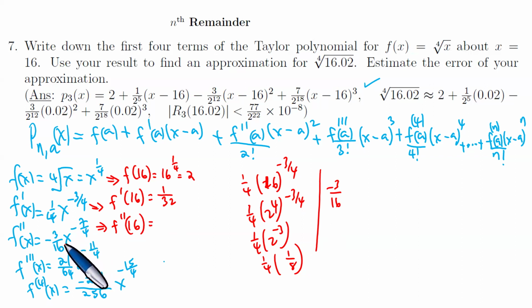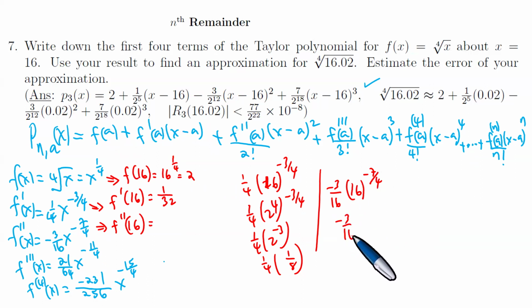Like there's minus 3 out of 16, but here you put the x is 16 to the power minus 7 out of 4. It's only this Taylor formula, this one. And then we did the Maclaurin. But the difference between the Maclaurin and the Taylor is that the Taylor has a here and the Maclaurin has 0 wherever there is a.